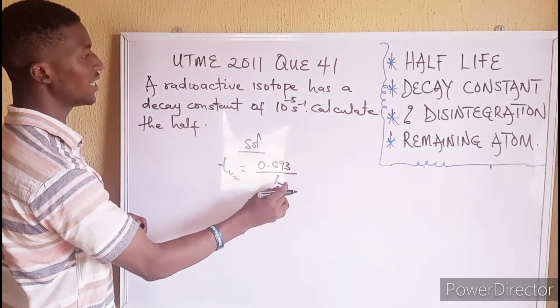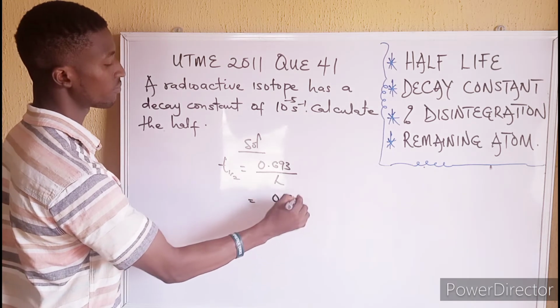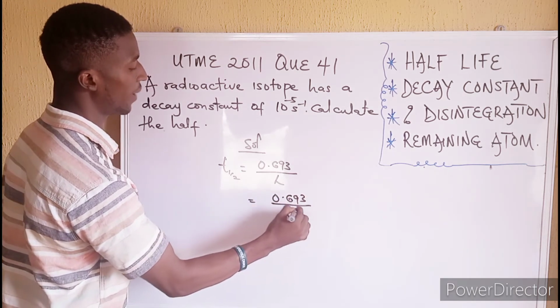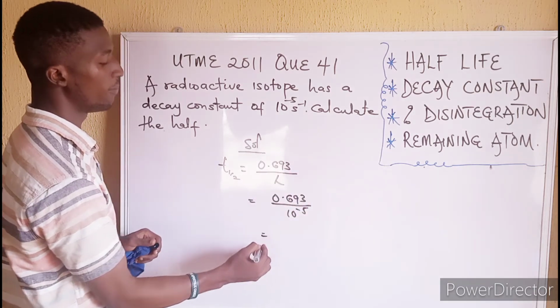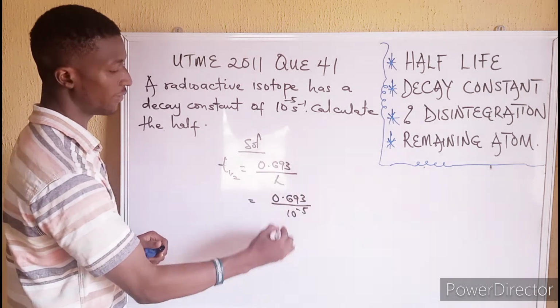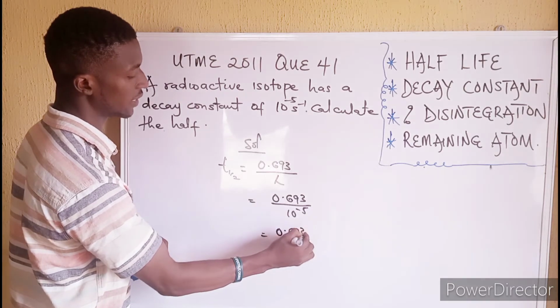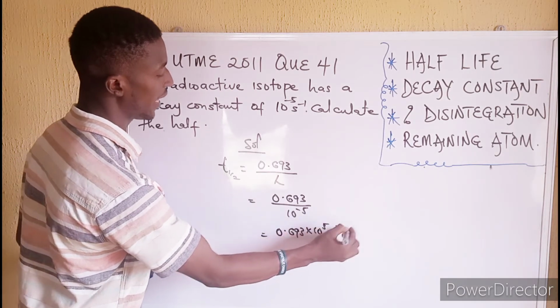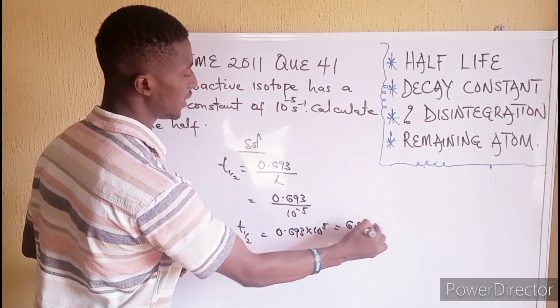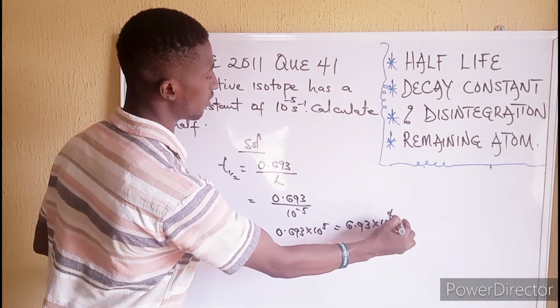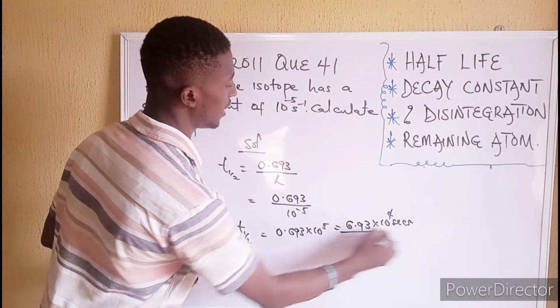We've been told that the decay constant is 10 raised to power minus 5. When we take this 10 raised to power minus 5 up, it becomes 10 raised to power 5. Then we have 0.693 times 10 raised to power 5. So our half-life equals 6.93 times 10 raised to power 4 seconds. So that is our answer.